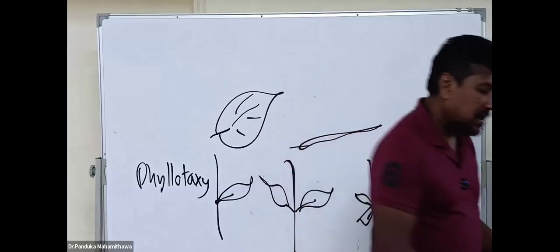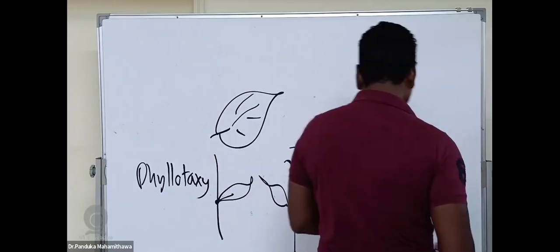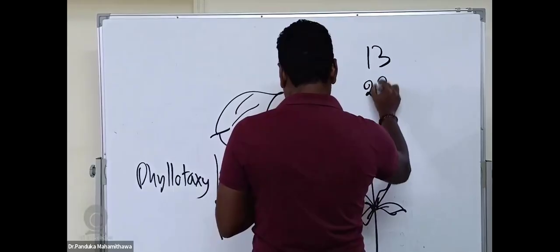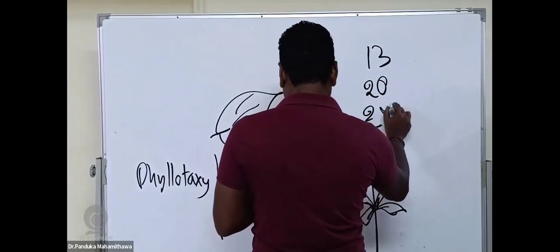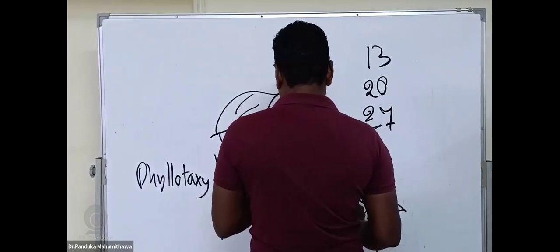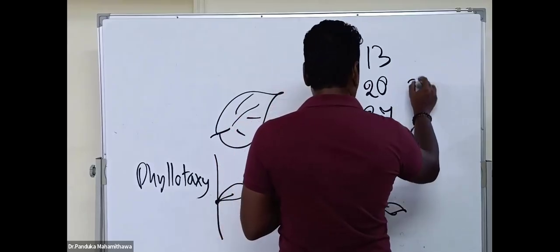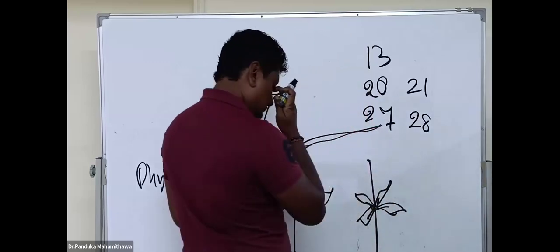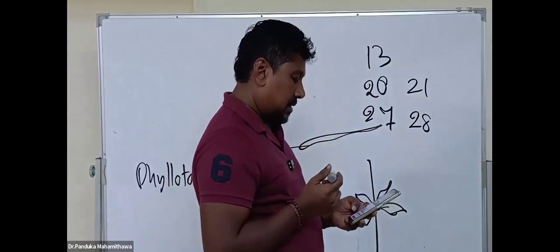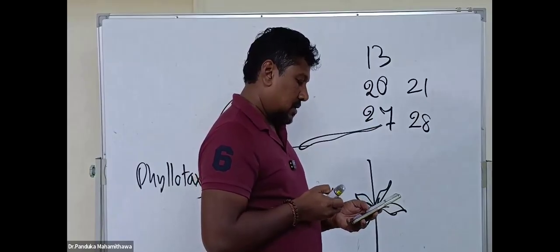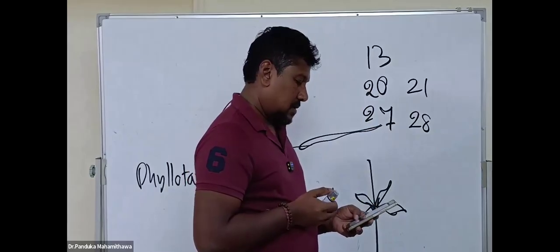So today is the 13th we are having the class, and every Wednesday we are having the classes: the 13th, 20th, 27th. And also we are having the class on the 21st and 28th, right?